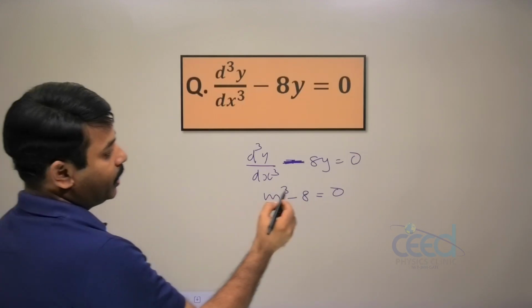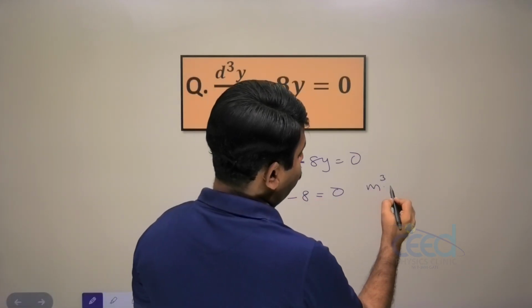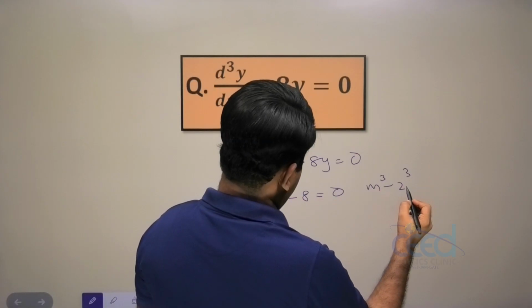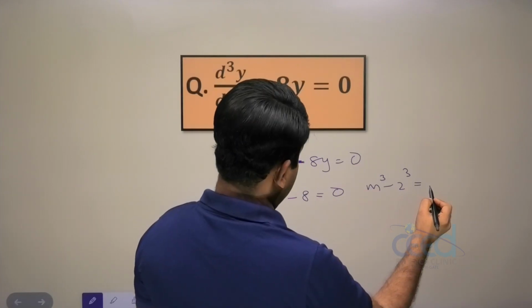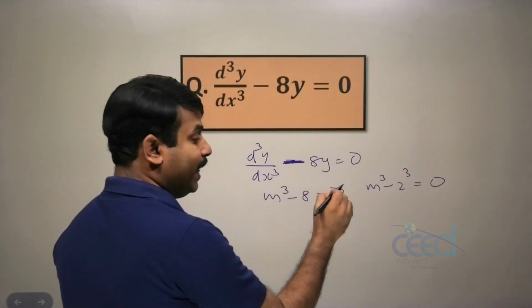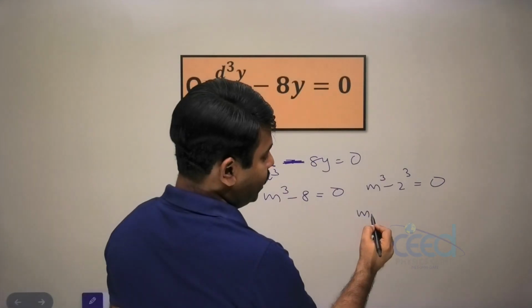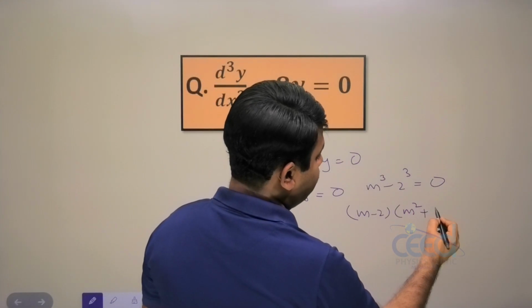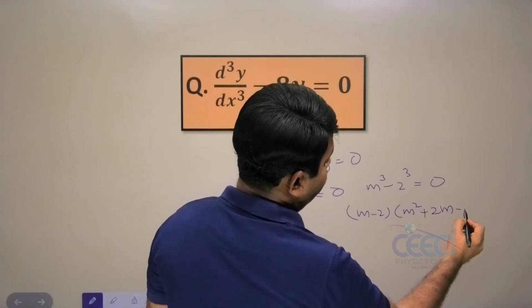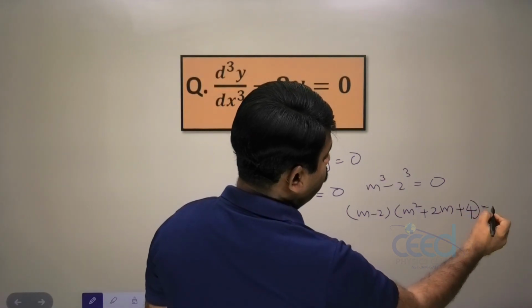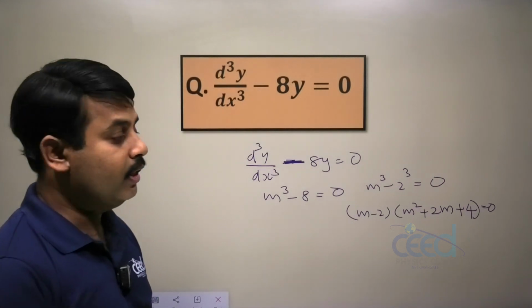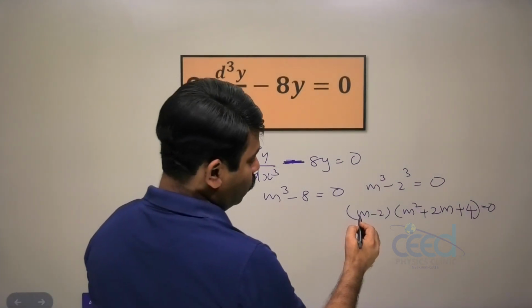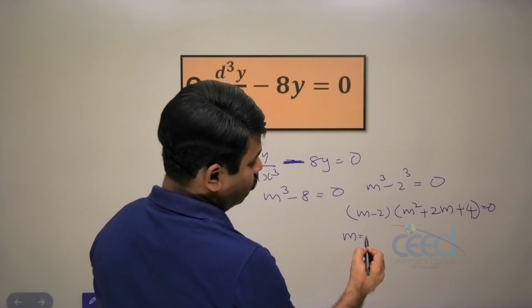Now m cube minus 8 you can write as m cube minus 2 cube, that is equal to 0. A cube minus b cube is a minus b into a square plus ab plus b square, equal to 0. Now one solution is m is equal to 2.